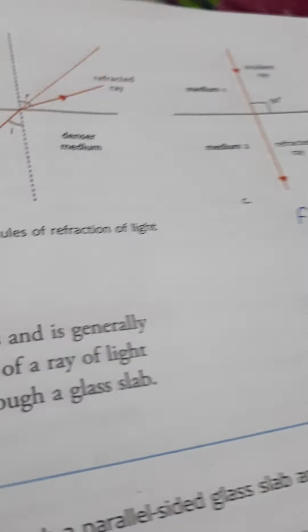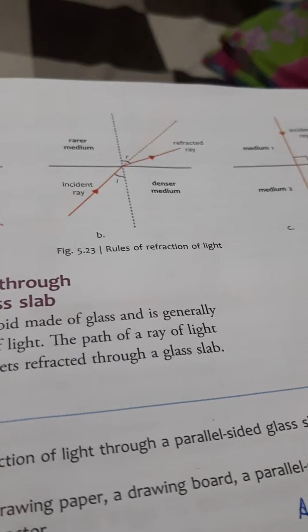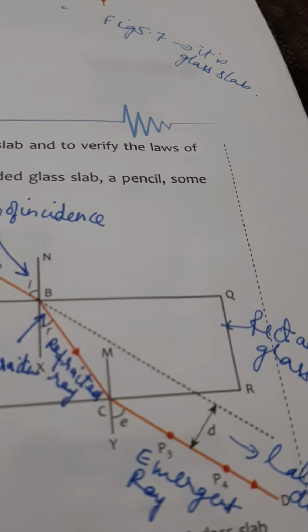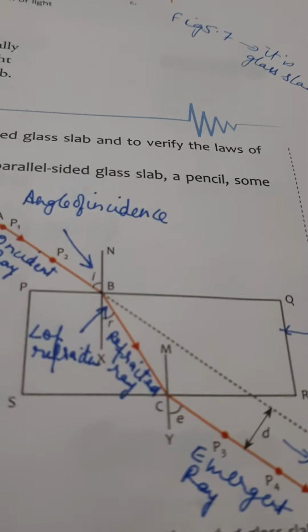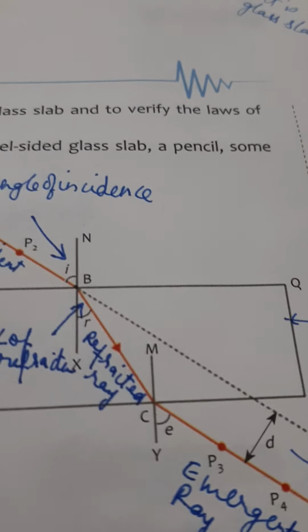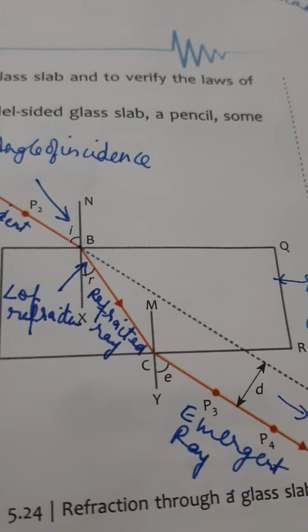Now we are going to study the refraction of light through a glass slab. When school reopens, I will show you what the glass slab looks like. It is a rectangular, solid piece of glass, somewhat like a cuboid.